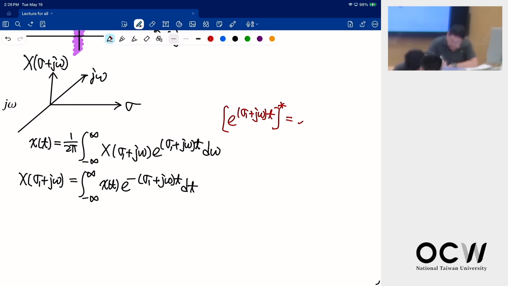Still e to the sigma 1 t, and here we have minus j omega t.